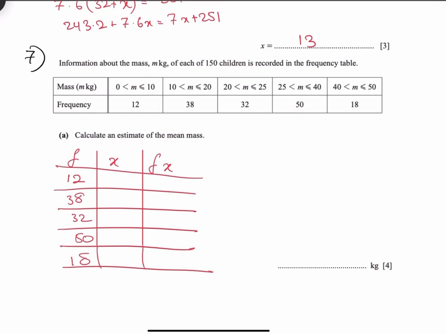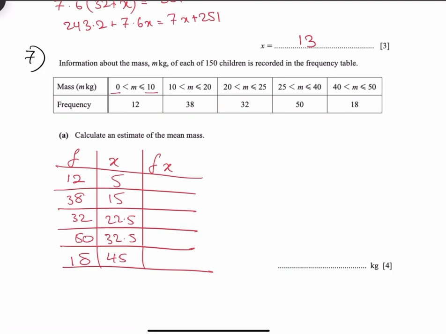The mid-class interval is 0 plus 10 over 2, that is 5, 15, 20 plus 25 over 2 is 22.5, 25 plus 40 over 2 is going to give me 32.5, and this is going to be 45.